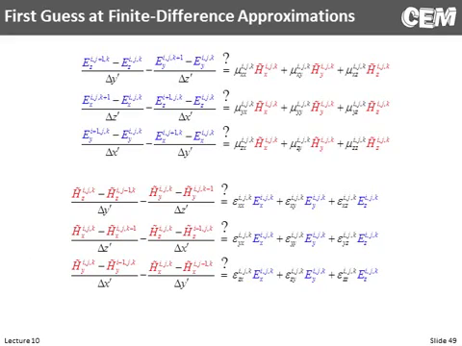So if we just looked at our previous finite difference equations, we can make a real quick guess and write these equations down. Well, now we need to ask our rule: does every term in each one of these equations exist at the same point in space? Now let's see.